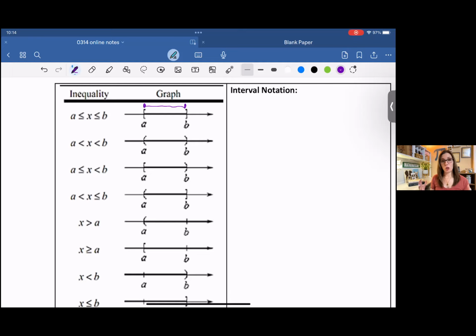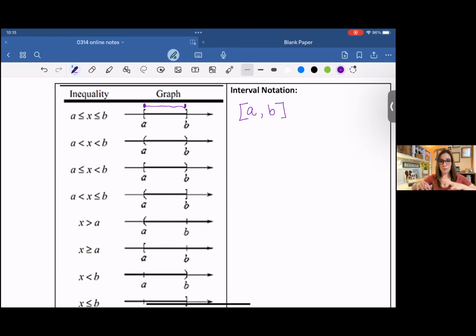You might see that as closed circles, but in college algebra, we view that as brackets. So when you have the equal to under your inequality, or a closed circle, or a solid line, we use brackets. And so we would write this as a bracket on A, whatever A is, it's some number, comma, a bracket on B. The comma means, in this situation, all the numbers in between.